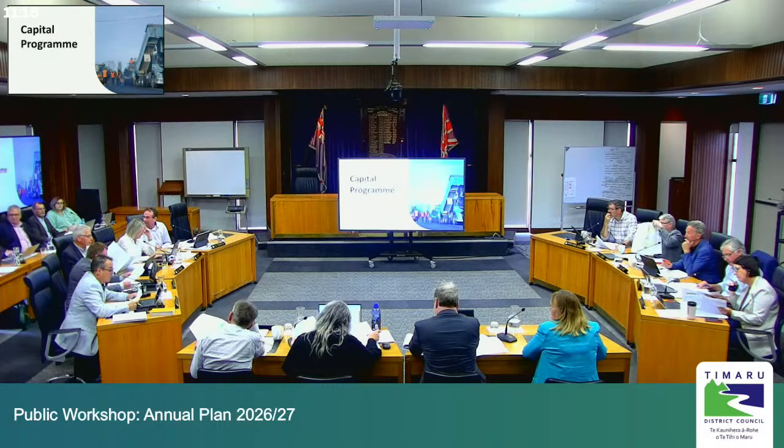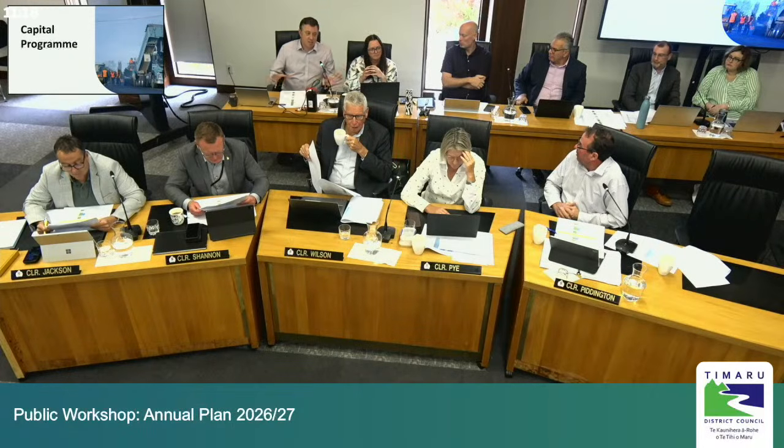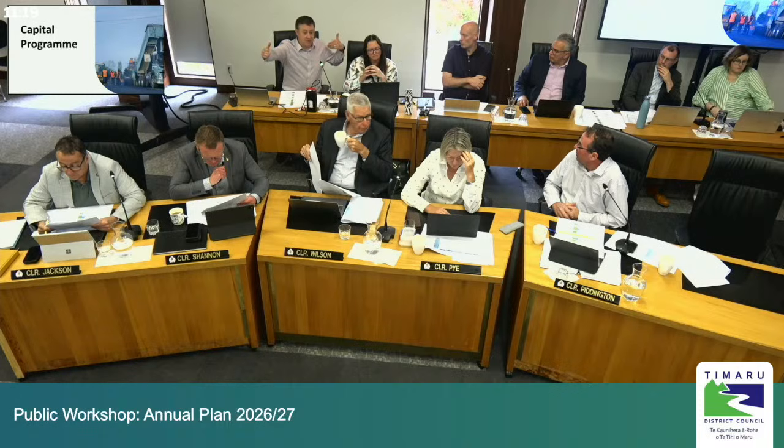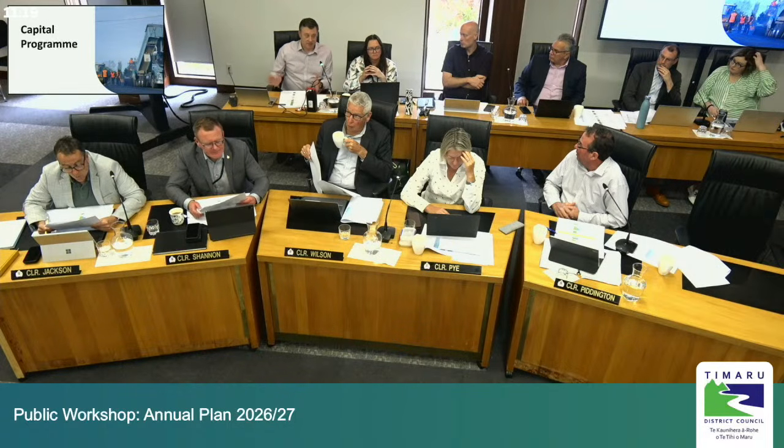The 3 water renewals in the CBD were all packaged up at LTP time under Urban Water for whatever reason, and it was packaged out over 10 years for the renewals in the central area. So that 1.5 is to do the renewals outside the theatre, plus going up and down. What we do need to look at is pulling it back out of urban water and putting it across the activities back to stormwater, sewer and urban water.